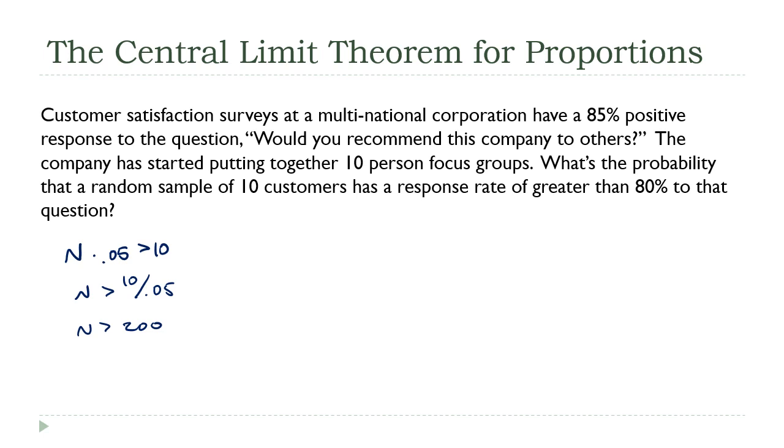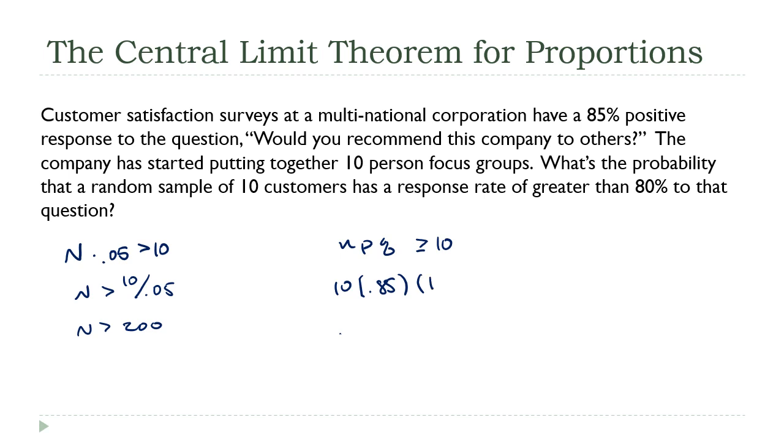All right, so now we have a second thing we have to check. We have to look at npq, and our requirement here, remember, is that this has to be greater than or equal to 10. Well, let's see what this is. n is the sample size, that's 10. p is the proportion who gave a positive response, that's 0.85. q, remember, is always 1 minus p.